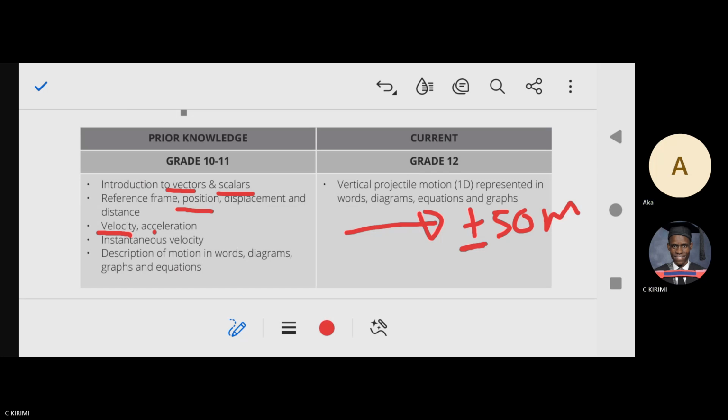Also acceleration has direction, it's a vector. Velocity is a vector. Displacement is also a vector. But position is not a vector, it's just a scalar. We are just standing at the 50 meter position.